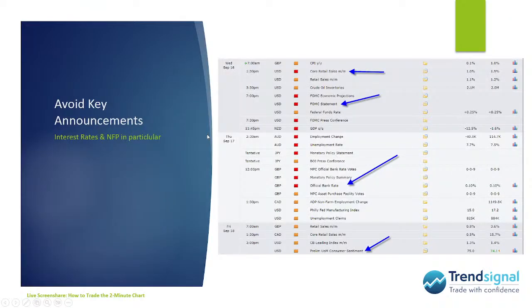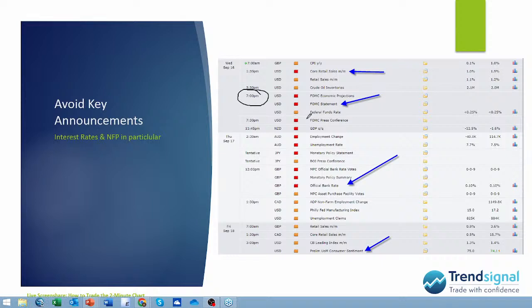What you will find is that economic data is going to be quite important for you, so be aware of when economic data is coming out, and avoid key announcements. Say economic data might be at 7 o'clock on a Wednesday, typically for US interest rate data. Check your economic calendars to see where the banana skins are.